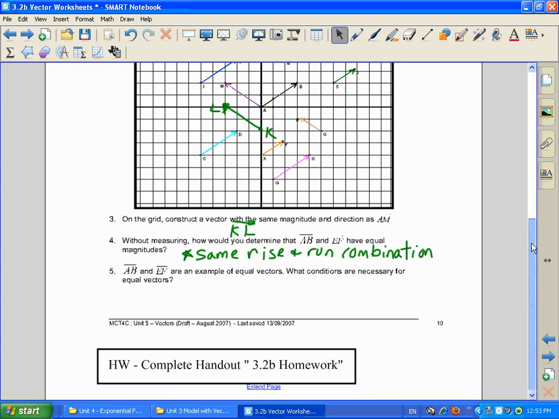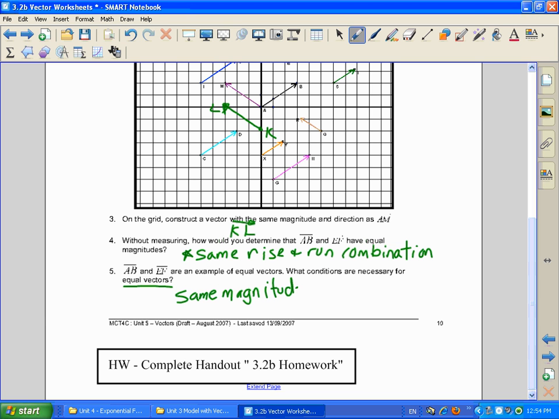Right, last question before we get on with tonight's homework. AB and vector EF are an example of equal vectors. What conditions are necessary for equal vectors? Okay, so in order to be equal, first of all, you have to have the same magnitude. That's the same for scalar and vector.